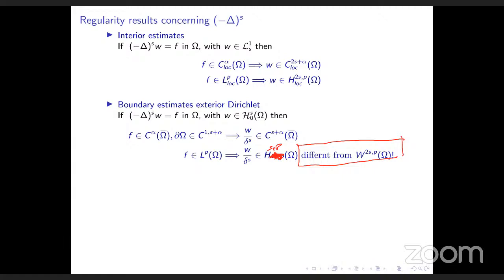And all these results are optimal, except that in this case the regularity assumption on the boundary, the optimality is still open. So this was proved by Grubb, first for omega infinity, and Grubb and Helmut Abel for the case where omega is Hölder C1,beta, but for some beta which is not optimal.